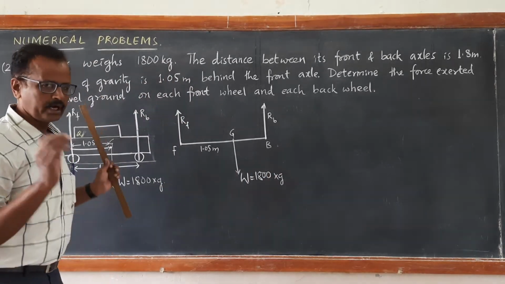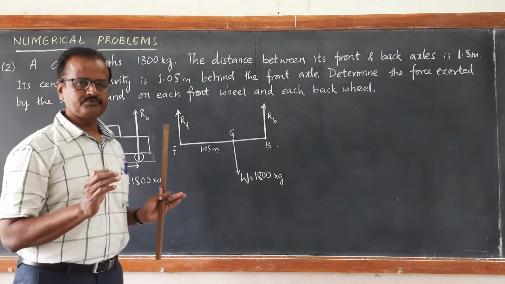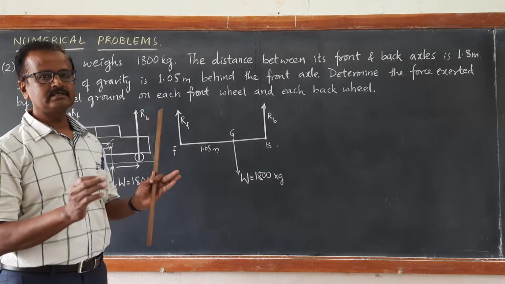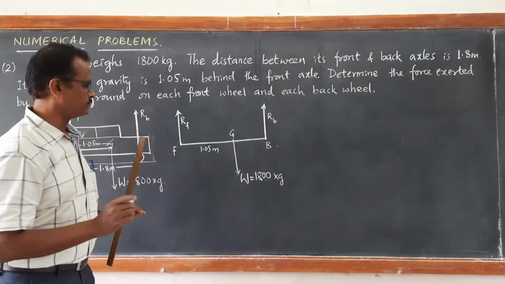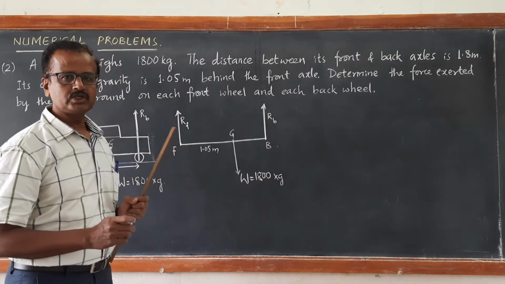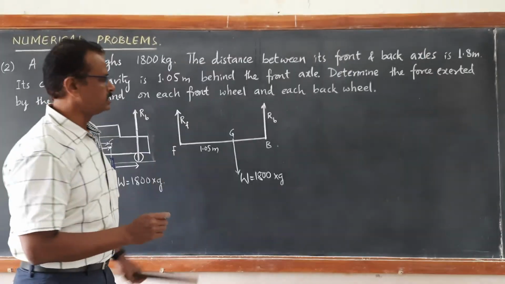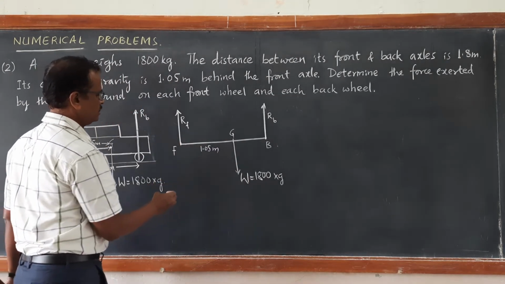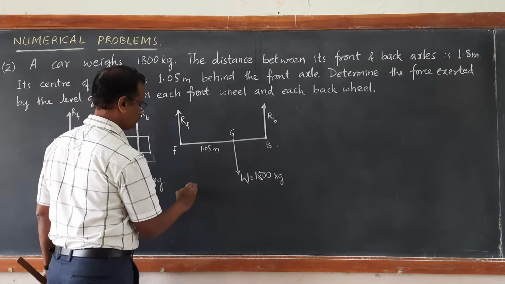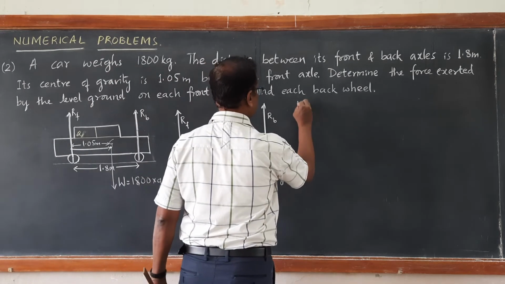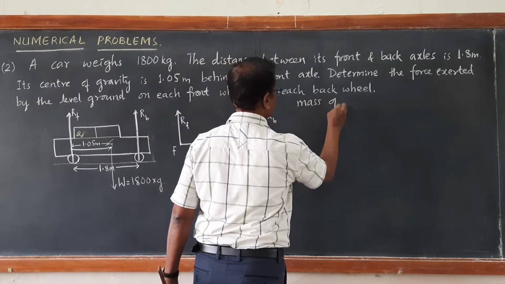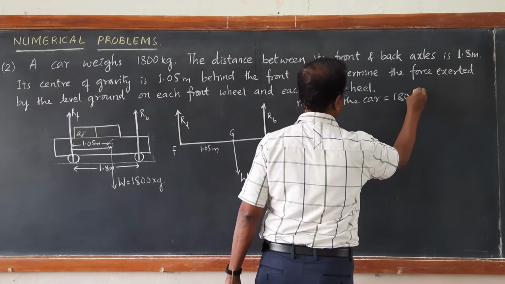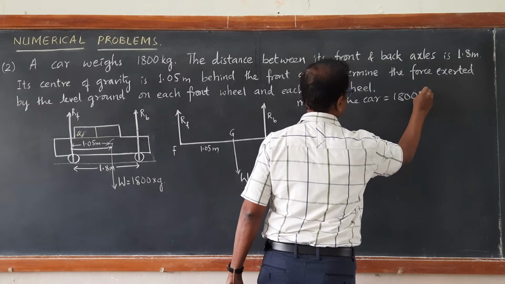So look at this. Again, we have to apply the conditions of translational equilibrium and rotational equilibrium, because the car is at mechanical equilibrium. So first we will apply the condition of translational equilibrium. Before that, we can just write what these values are. Mass of the car is 1800 kg.